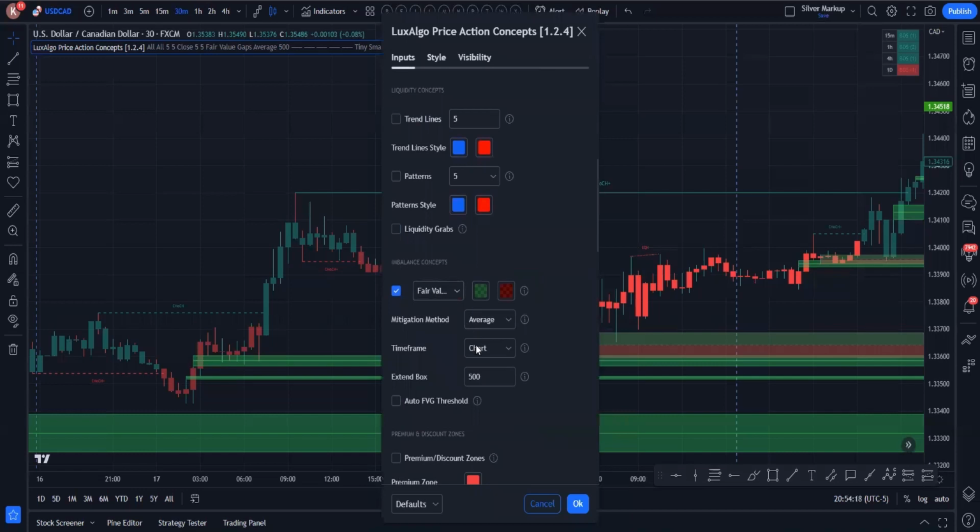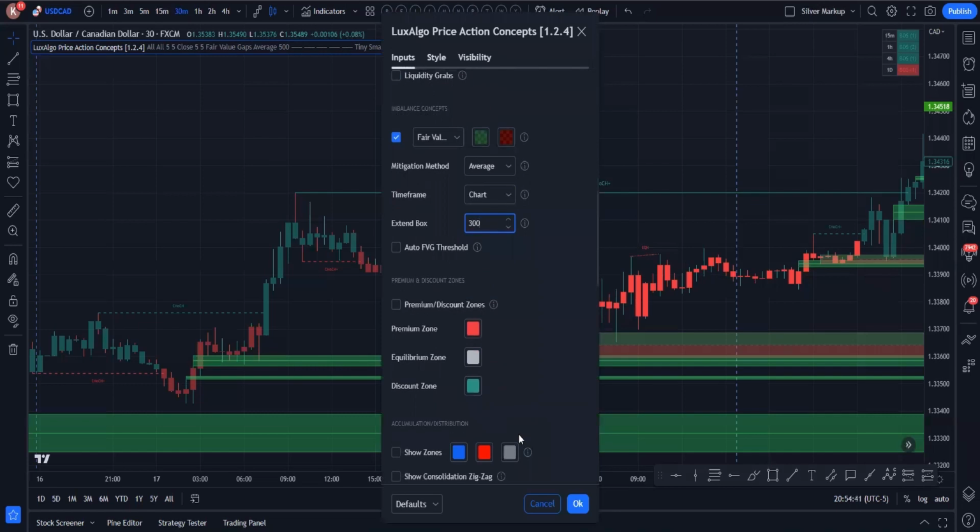Now, this is kind of up to you, but when you look at it, you're going to see a small number for extend box. And this is just how many candlesticks or bars you want the imbalance to extend. So a lot of times I have it between 200 and 500. I'm just going to put 300 for there.